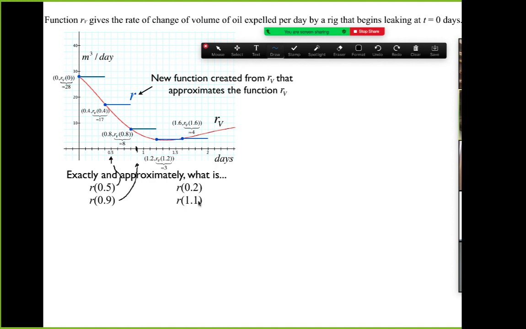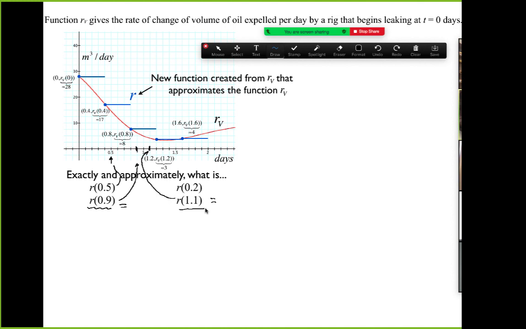And then 1.1. Let's do R of 0.9 and R of 1.1. Now I'm asking about R, not RV, R. So we want to express it exactly and as an approximation.